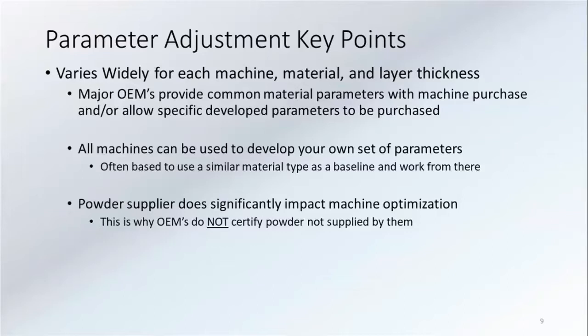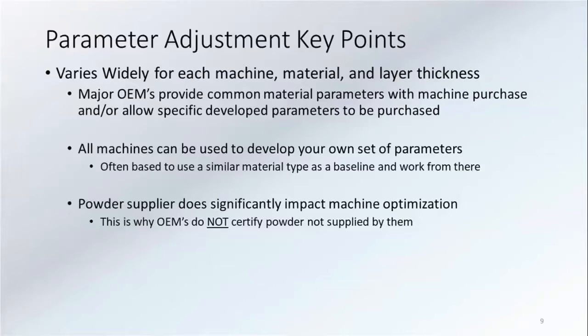Major OEMs often provide their common material parameters with your machine purchase, or allow you to purchase them from them. If you buy a used machine, they will typically ask that you then buy the parameters, because as you're doing your warranties and all that, they're not going to give away all the stuff for free if you got a used machine at a garage sale or whatever, which I've seen. There are typically 10 or so metals that are produced and well-known, mostly aerospace materials.